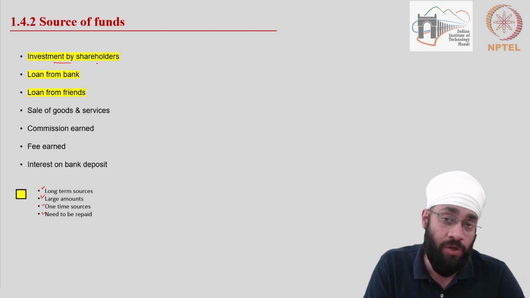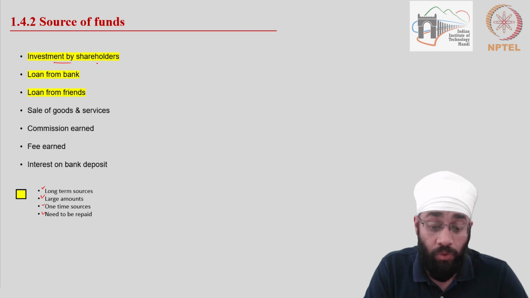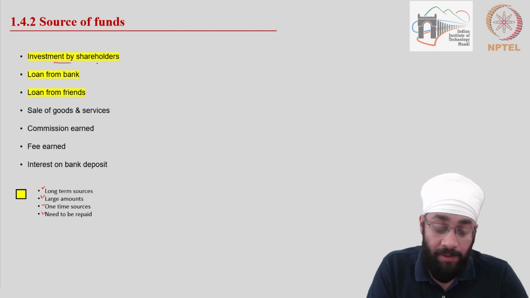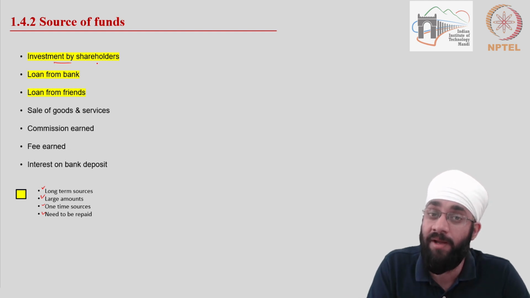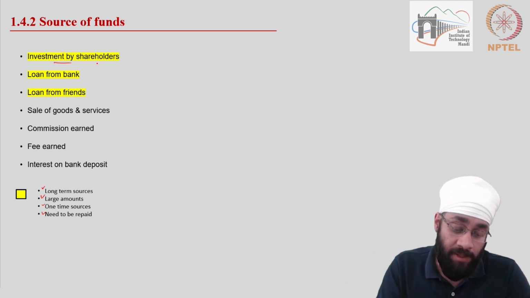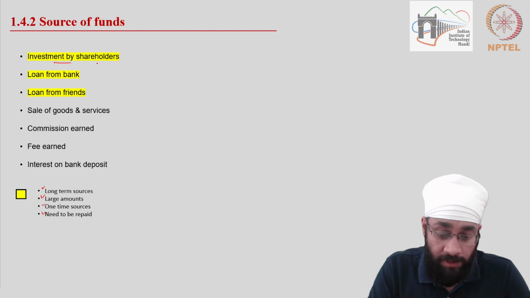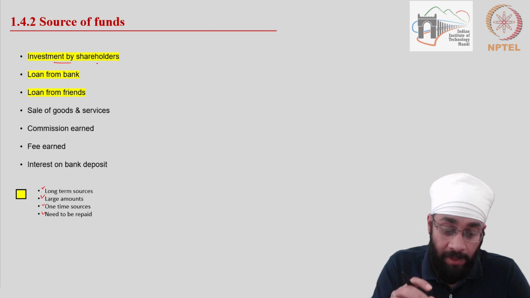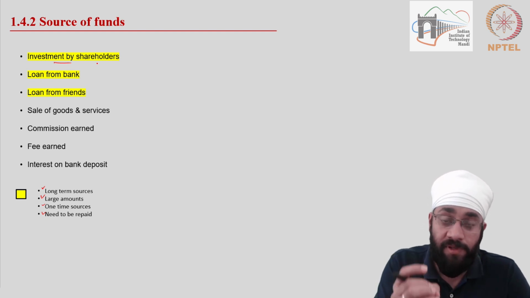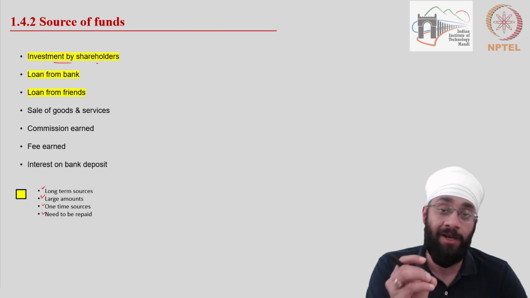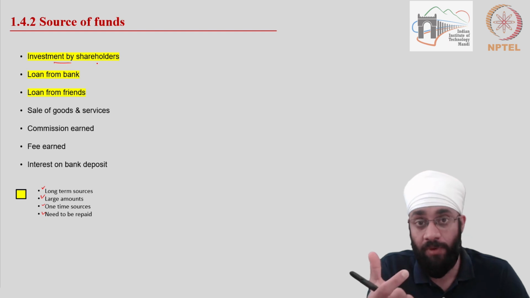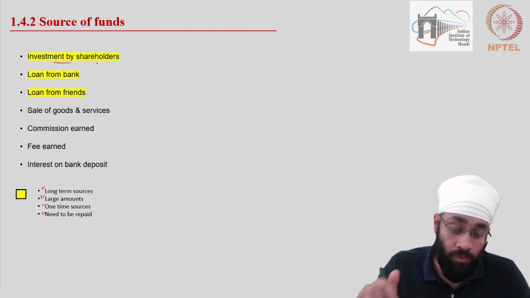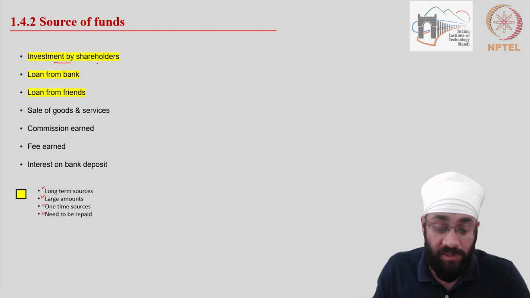Typically, in the case of public companies, you don't need to pay back the money ever, because shareholders can just sell their shares to somebody else who would buy it. Again, that's a diversion. I don't want to go that way. But what I'm trying to say is the first three items, the investments and loans, are long-term sources, are one-time sources, are large amounts, and you need to repay these to the people who have given these funds to you.